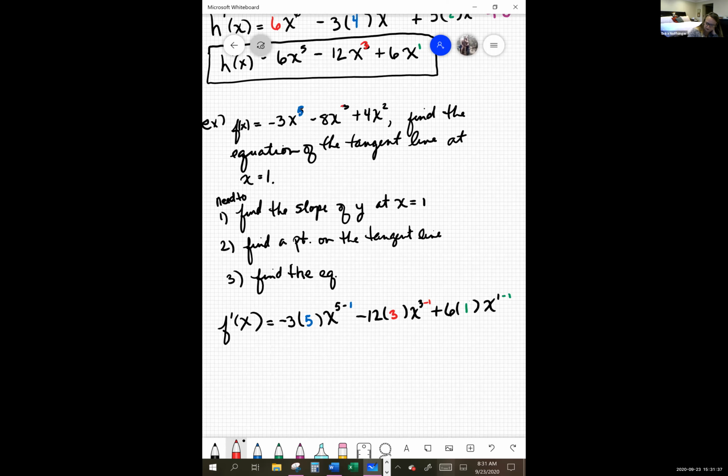Oops, I took the wrong thing. I was taking the derivative of partly my function h of x up there and partly my f of x here.